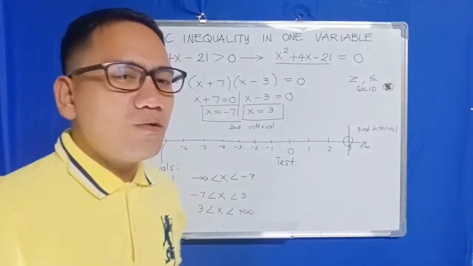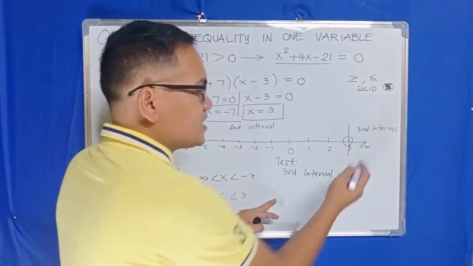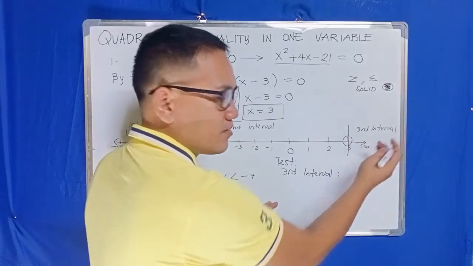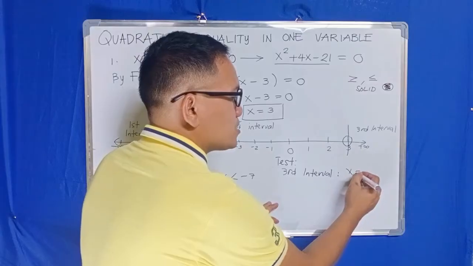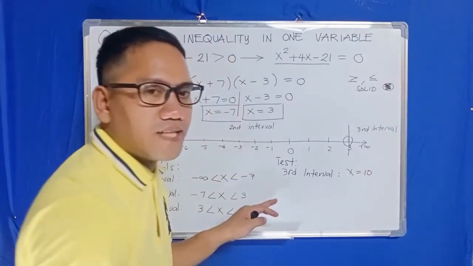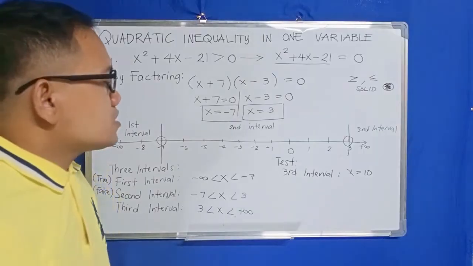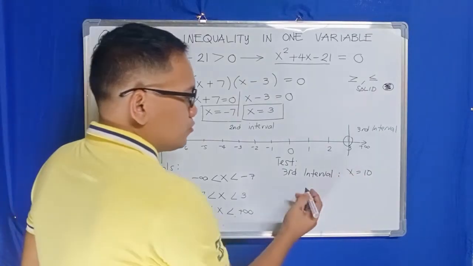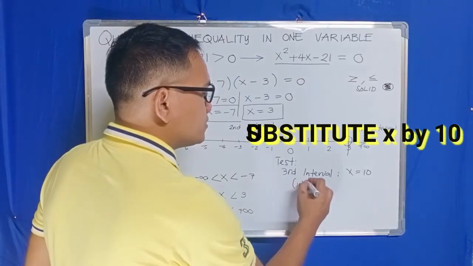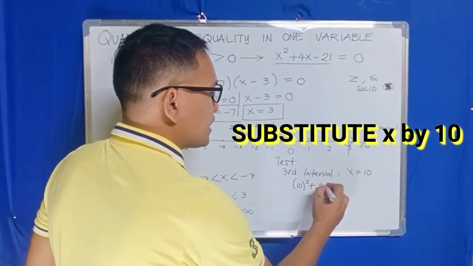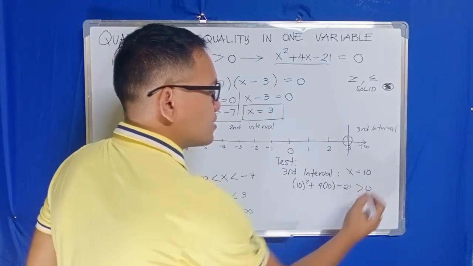Let's also test our third interval. In this case, it is the numbers between 3 and positive infinity. So allow me to utilize x equals 10 because 10 is present between 3 and positive infinity. So here, we will substitute x by 10. We will have 10 squared plus 4 times 10 minus 21 greater than 0.